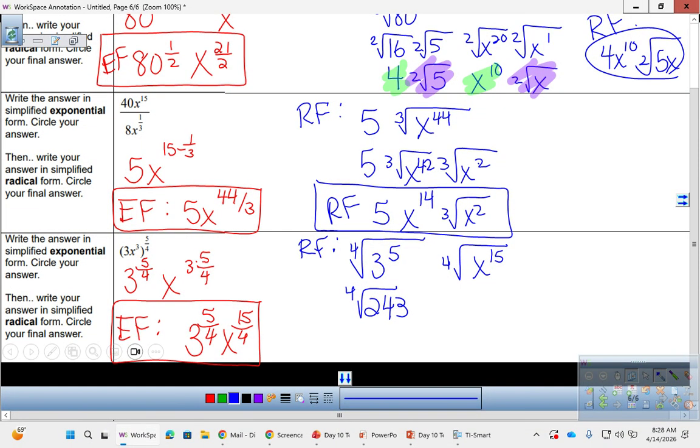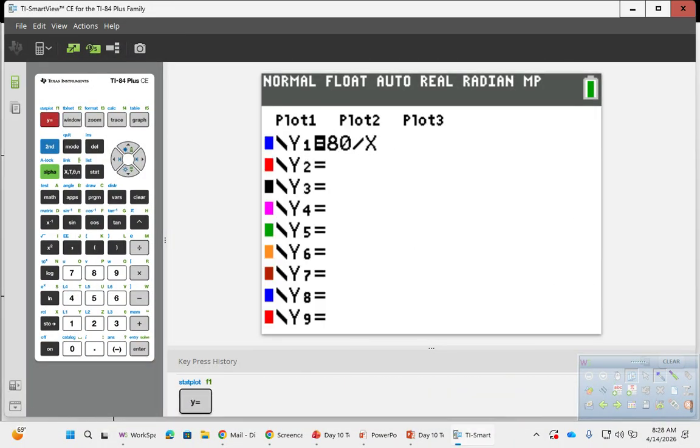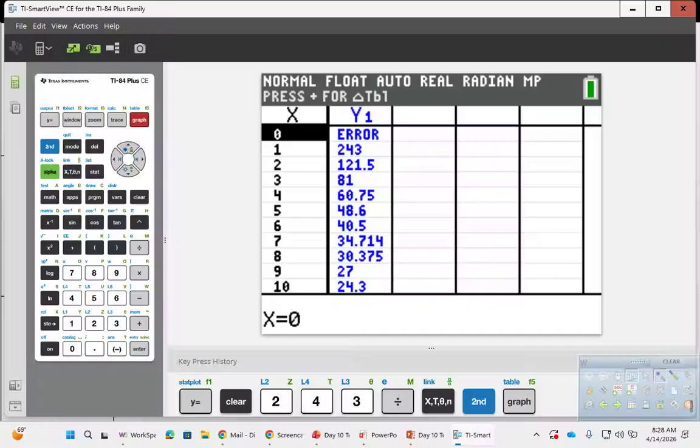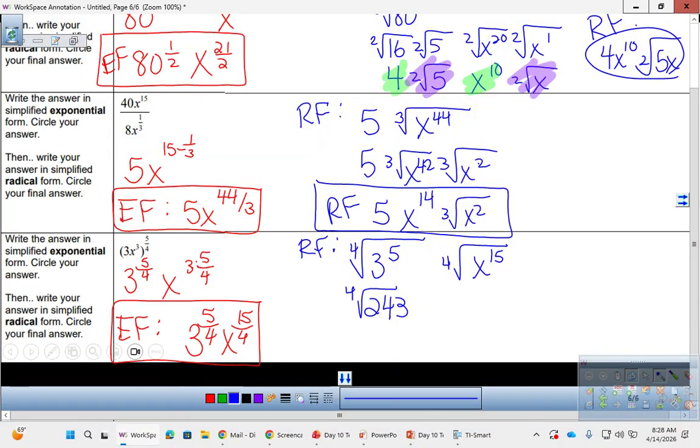So I'm going to the y equals screen and doing 243 divided by x. I'm looking for a perfect 4th power. 81? Yeah. So 81 and 3. And the 4th root of 81 is 3. So we got 3, 4th root of 3 for that one.